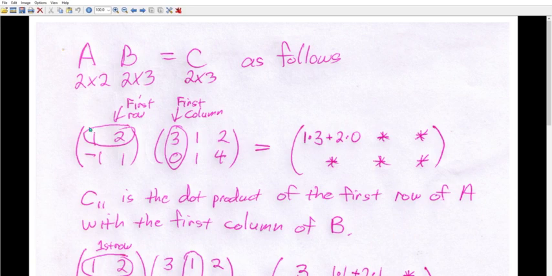So we get 1 times 3 plus 2 times 0, and that's the first component in C. And to emphasize that again, calculating products of matrices involves dotting rows of the first matrix with columns of the second matrix.